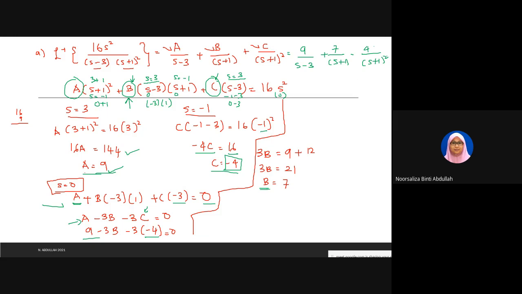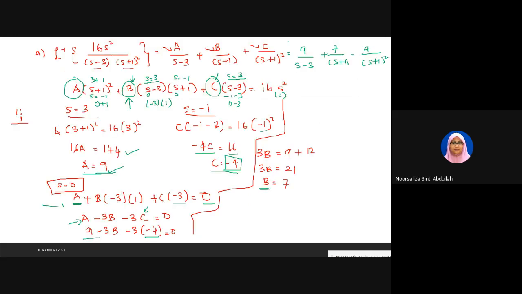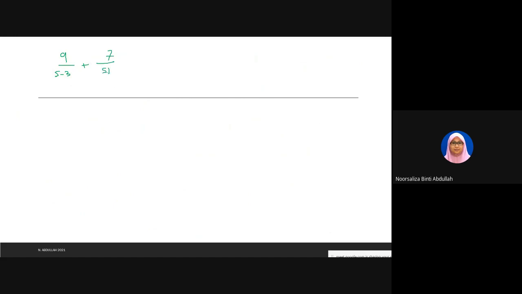Okay, understand? So next, now you have 9 over S minus 3 plus 7 over S plus 1 minus 4 over S plus 1 square. Now you can get the inverse for each.